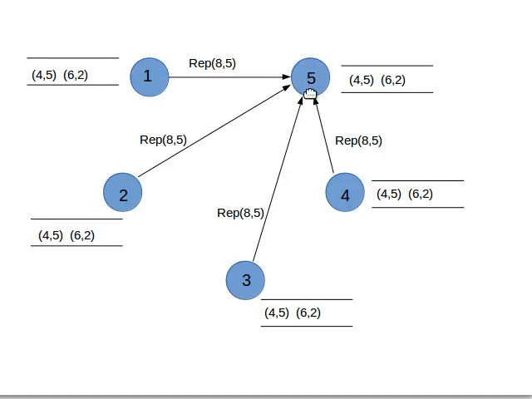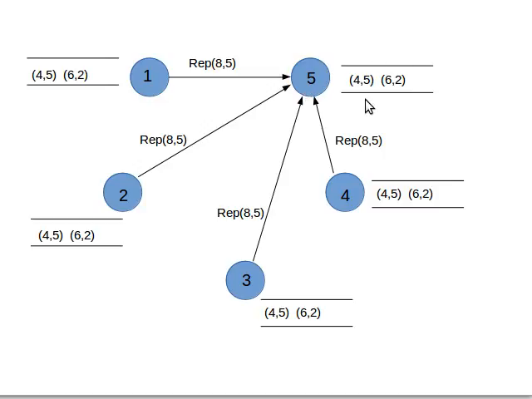Now both site 2 and site 5 have all the reply messages. Now who has to enter first? That is decided based on the queue.